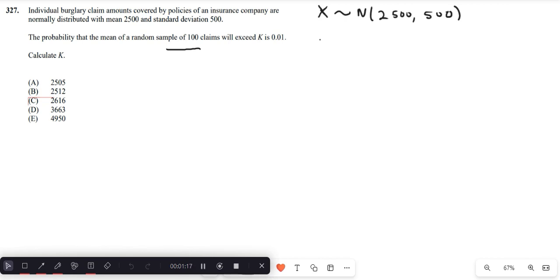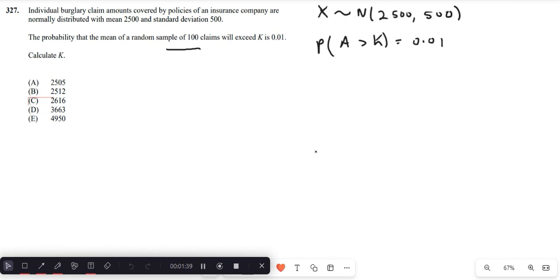I'm going to let that be A. So A is the average of a random sample of 100 claims, and the probability that A exceeds k is equal to 0.01, and I'm asked to calculate the value of k.